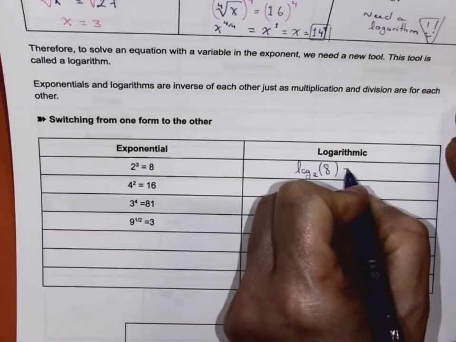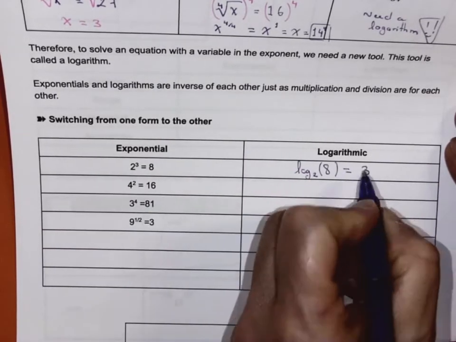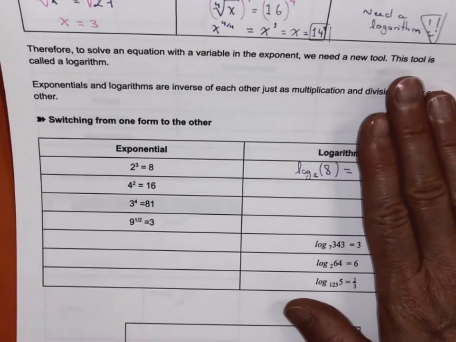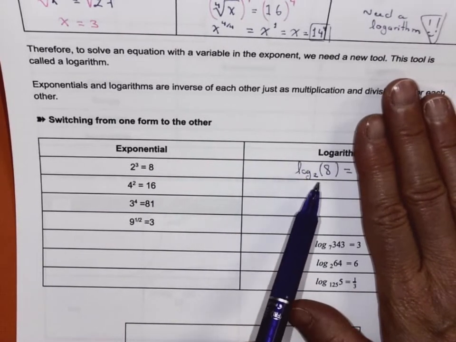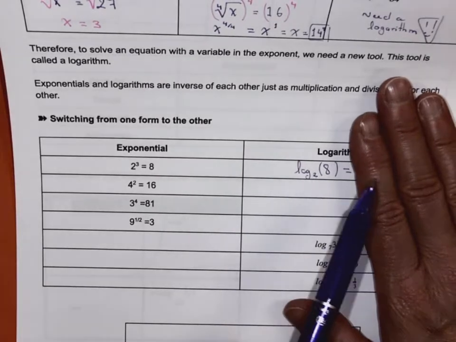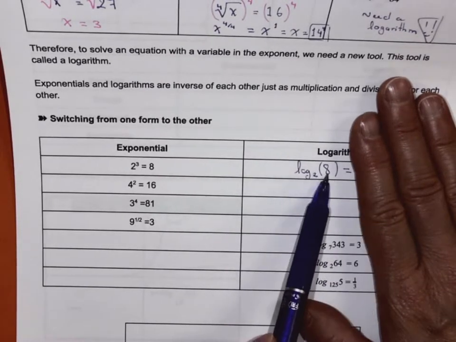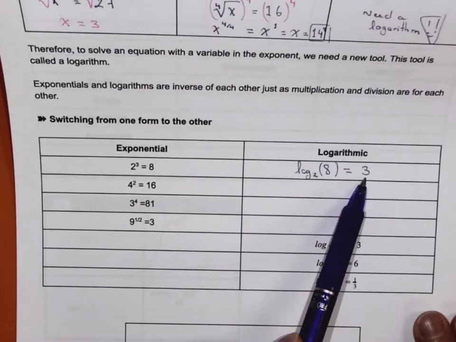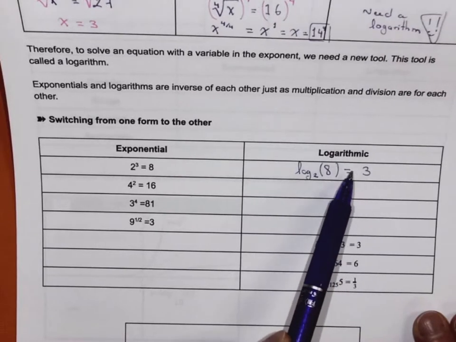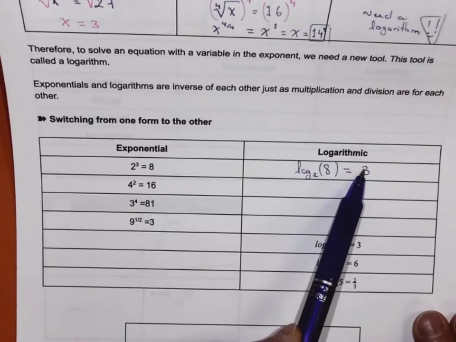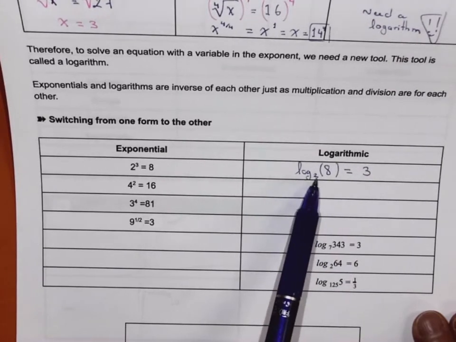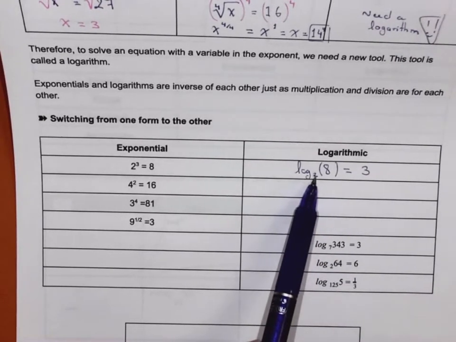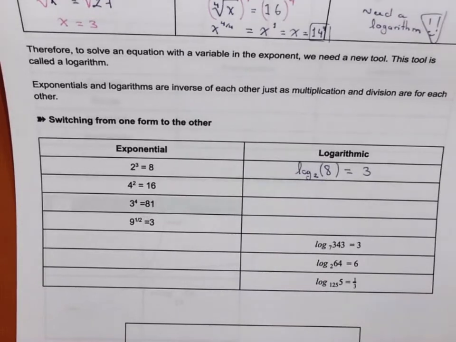So that will be 8. And then that will be equal to 3. So the way you need to read that in your mind is, 2 to what power gives me an 8? 2 to what power gives me 8? So the answer of the logarithm is really the power you would put to that base to get that number, okay?